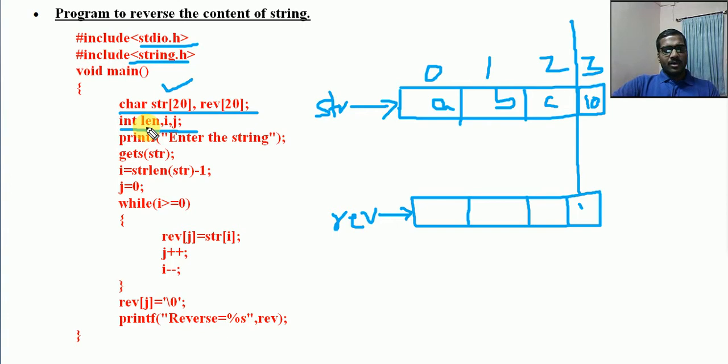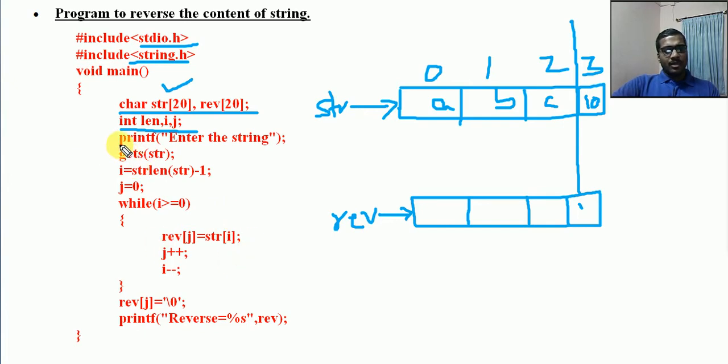So len is an integer variable that gets the length of the string. I is a variable for one loop, and j is another variable for another loop or increment. Here we can use either a while loop or a for loop. It is up to you, but in this example I am using a while loop.